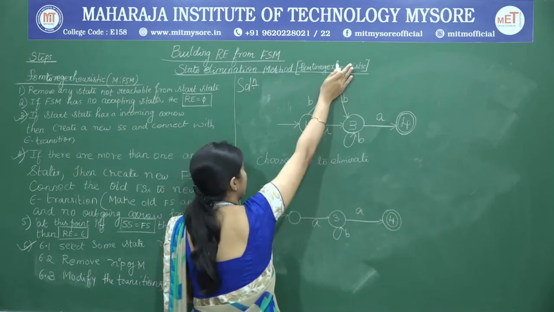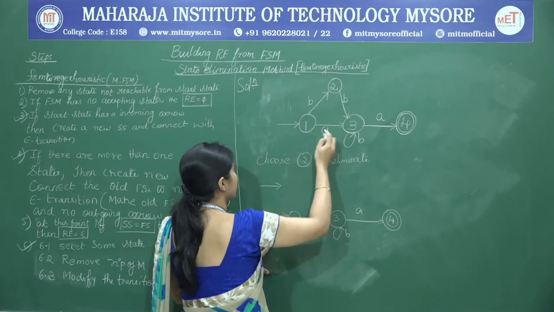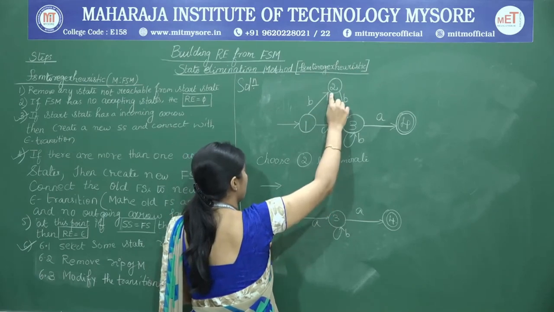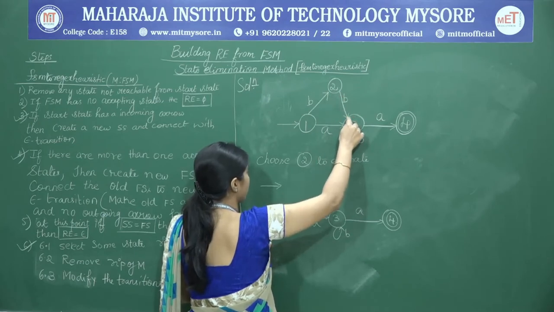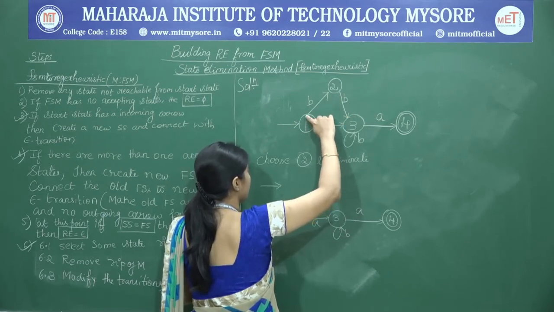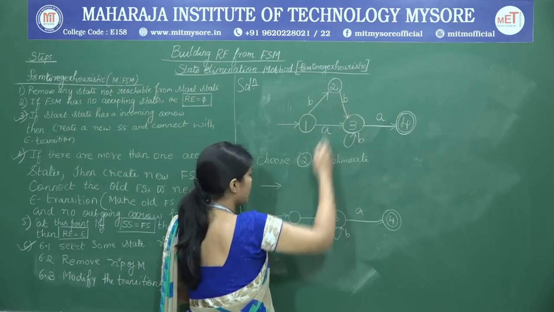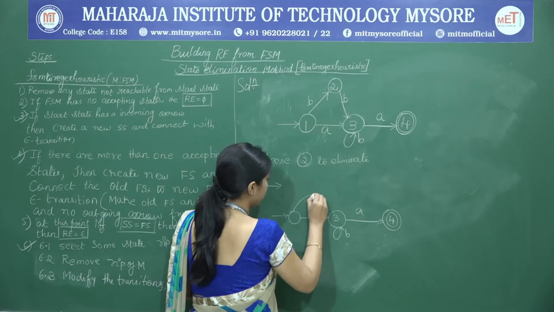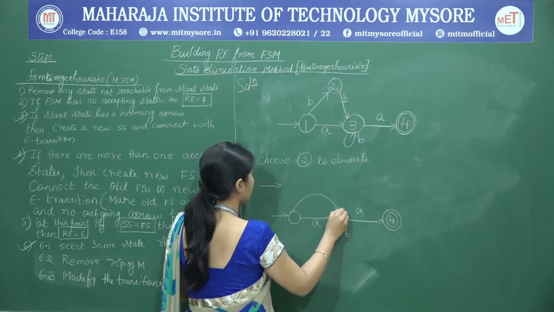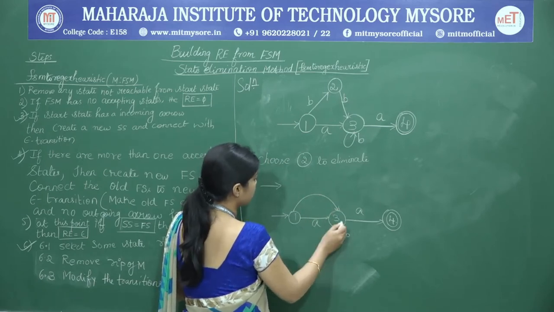So the 2 has to be eliminated, but then we can see that from 1 on B it is going to 2 and again on B it is going to 3. So therefore the transition is moving through 2 from 1 to 3. So therefore I can directly write an arrow from 1 to 3.